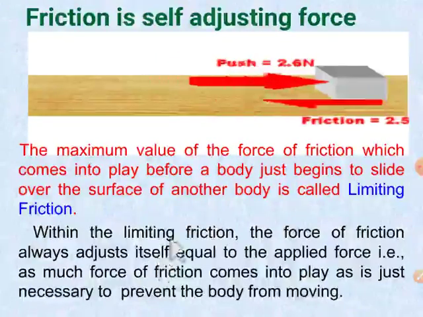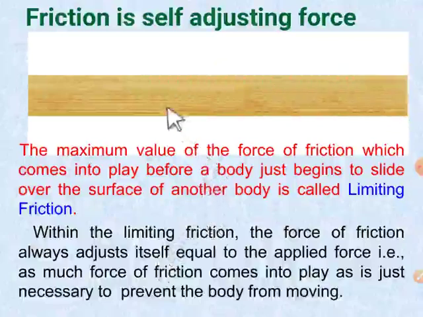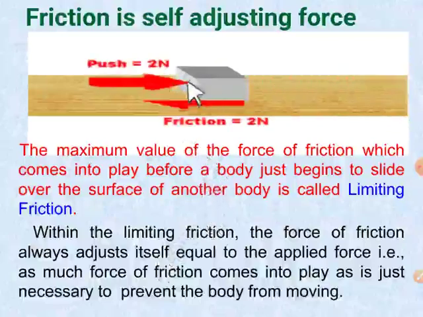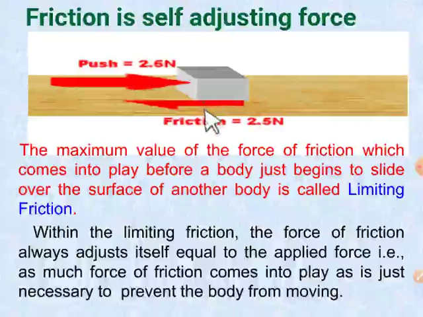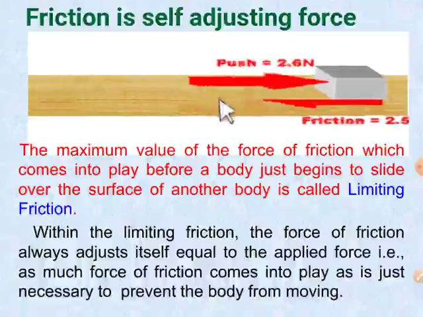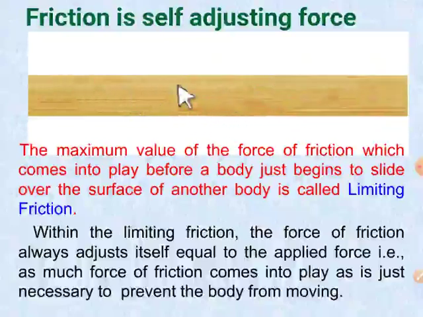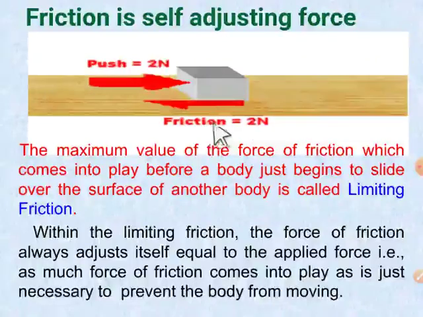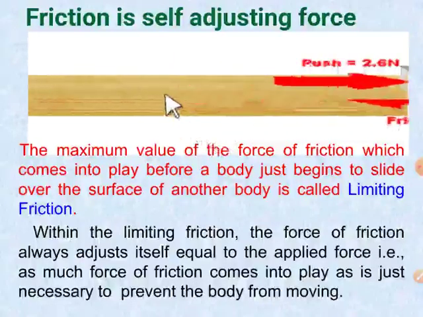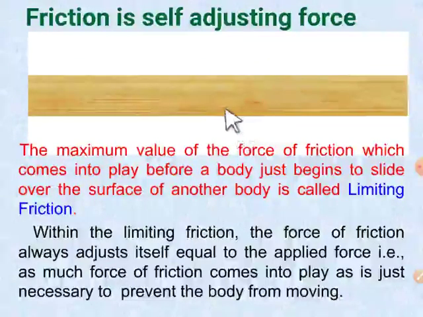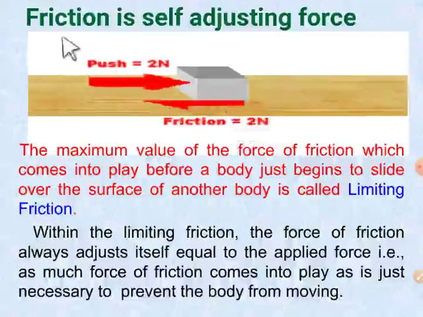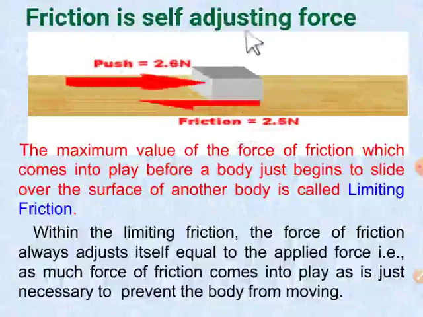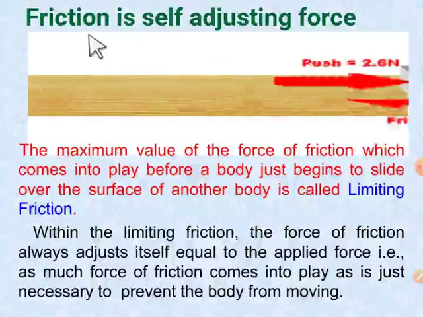That means before reaching the limiting friction, if you keep on increasing the applied force, the applied force and the frictional force balance each other. When the applied force increases, your frictional force also increases correspondingly. That is why it is said that friction is self-adjusting. What type of friction? Static friction.